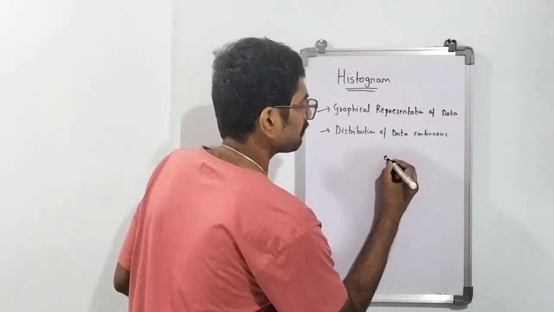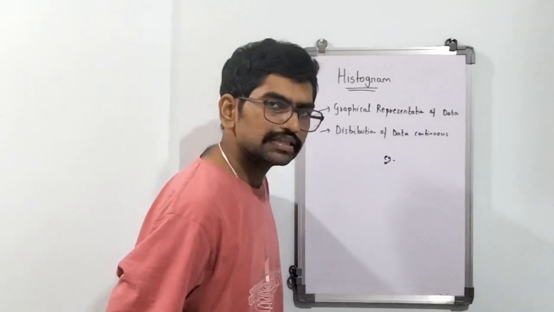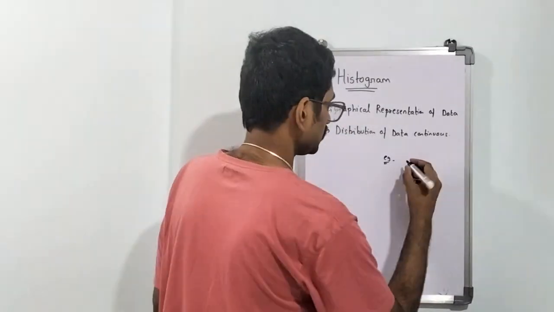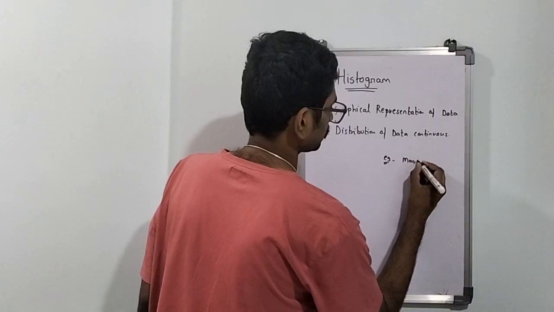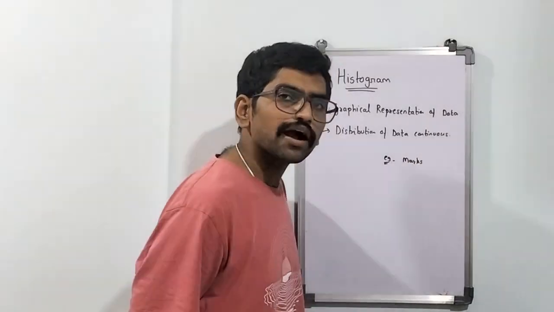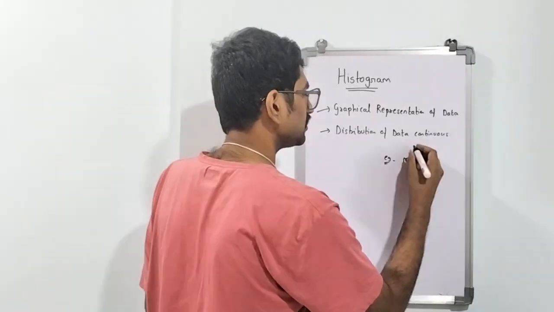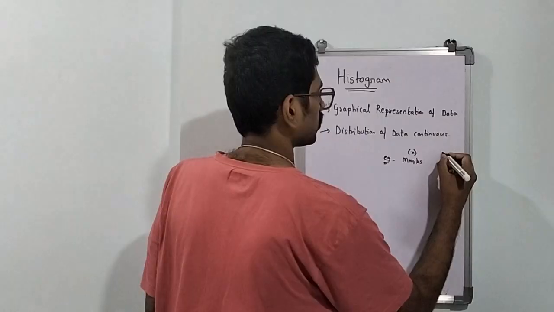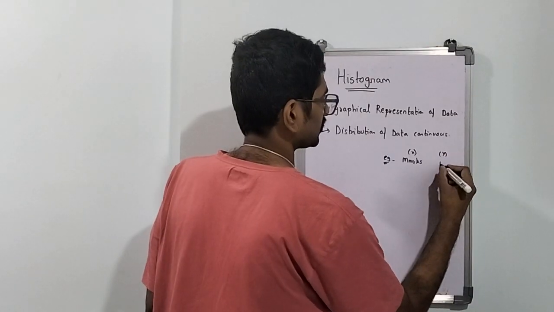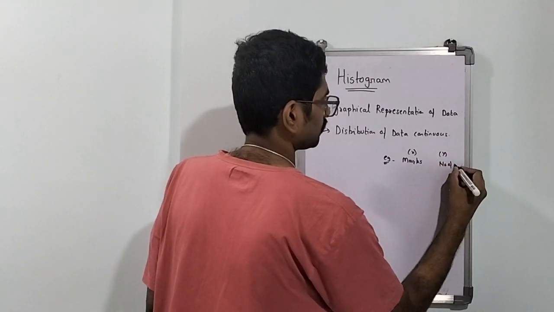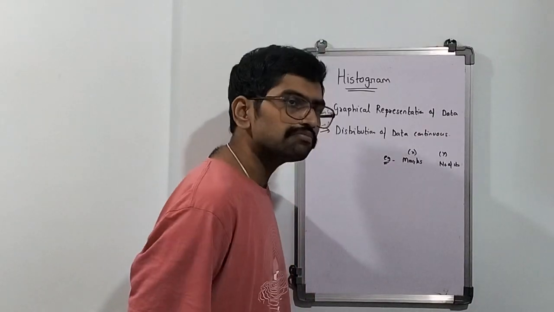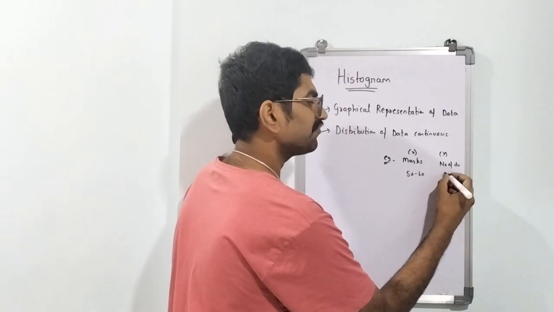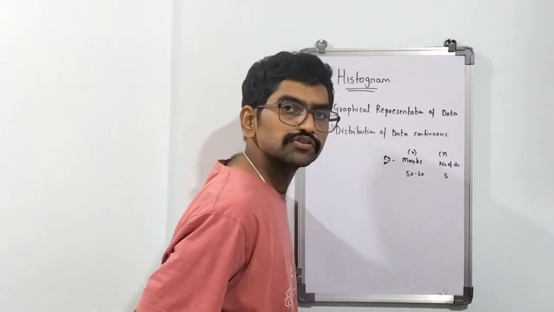Now I will take one example. Let's say you have students who scored some marks. So let's say marks of students. In this, this is your X column, and here you will write the score, like number of students. From the range of 50 to 60, let's say 5 students have got marks.